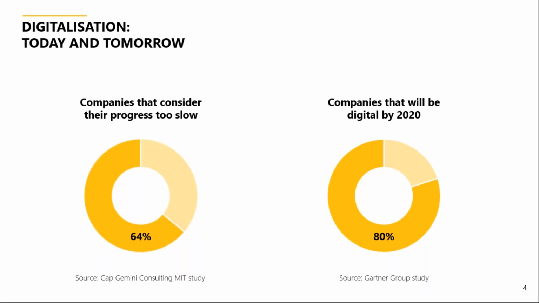On the left-hand side of the screen is companies that are considering what their progress is, and some results that have come back about whether that is good or bad. This is coming from Capgemini in this case.